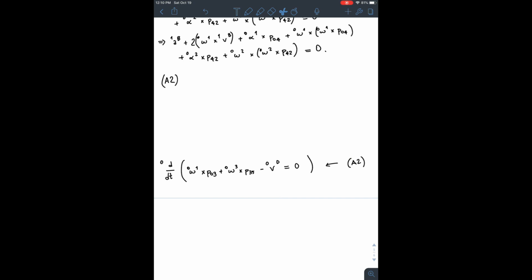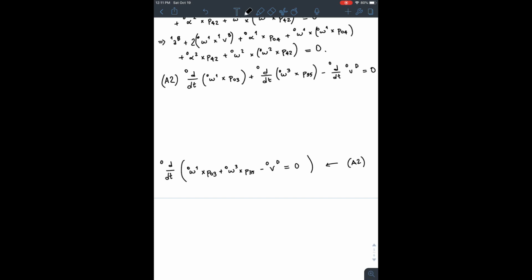So I'm going to distribute the derivative operation over the summations, or plus and minus signs. So we have d dt in 0 of angular velocity 1 in 0 cross p03, plus d dt in 0 of angular velocity of 3 in 0 cross p35, minus d dt in 0 of velocity of d in 0.